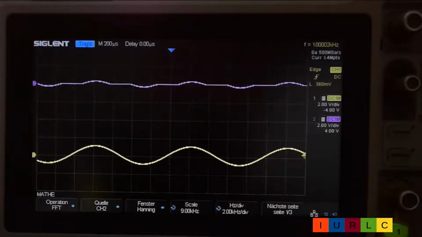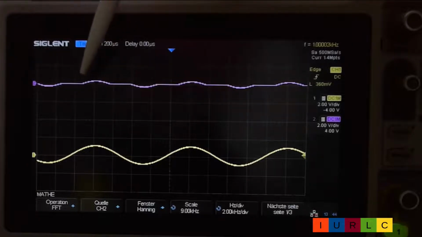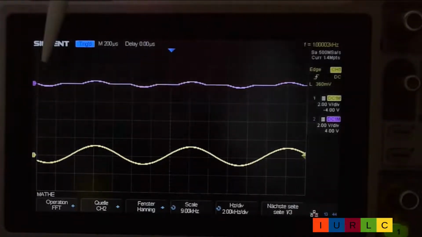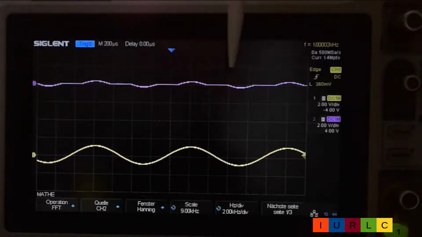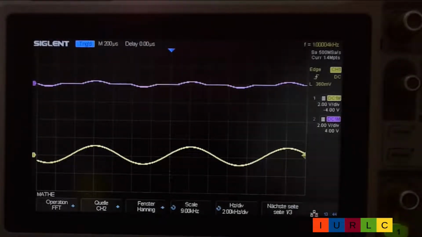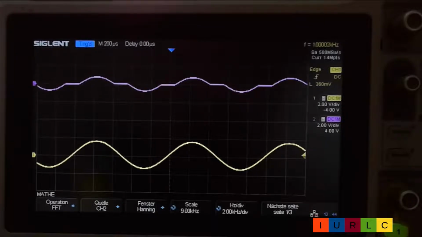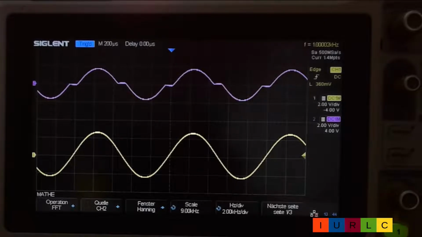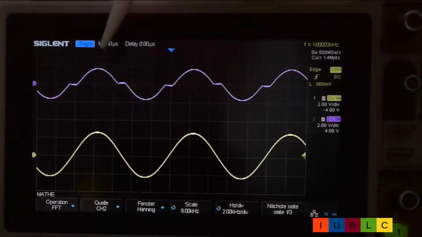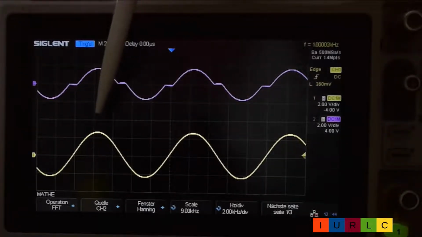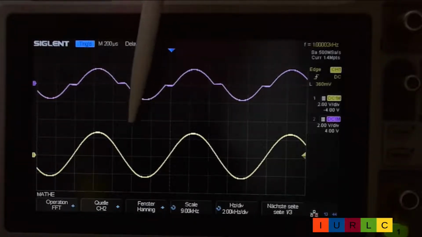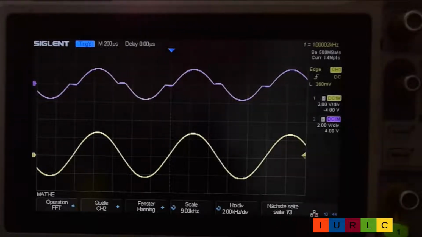I increase it a little bit more, and now we see that for a short time the output transistors are turned on, and we have these plateaus here in between. I make the signal stronger and stronger, and now we can see the output signal is about 0.7 volts smaller than the input signal, and we have these plateaus around the 0 voltage of the input signal.